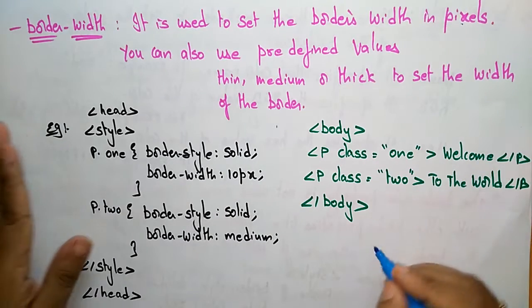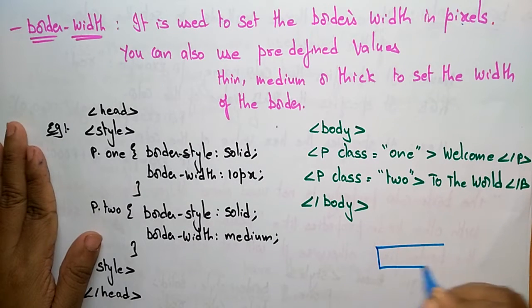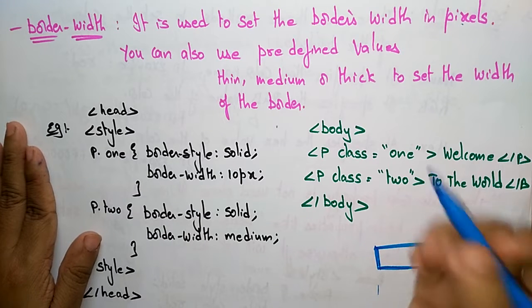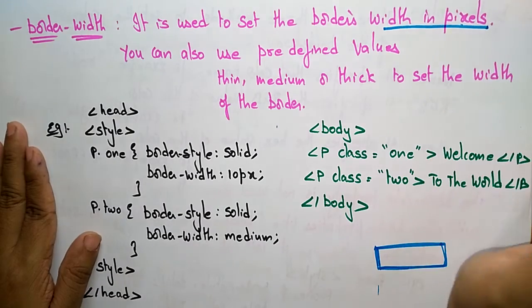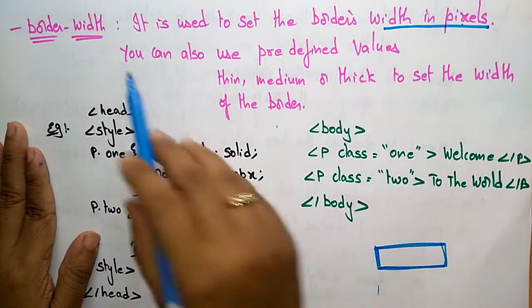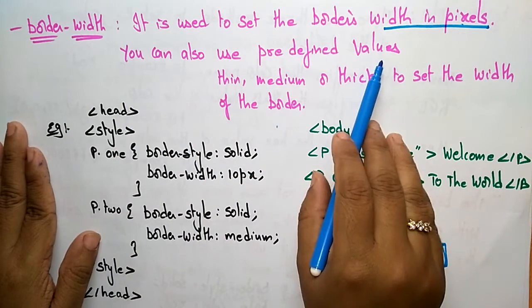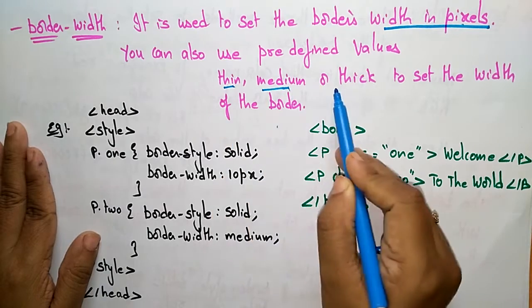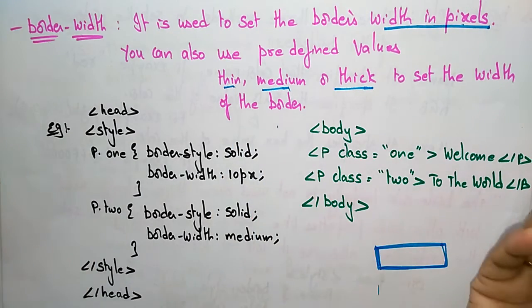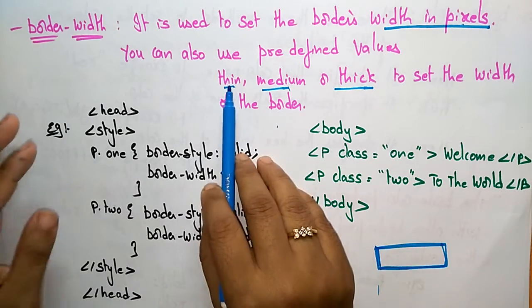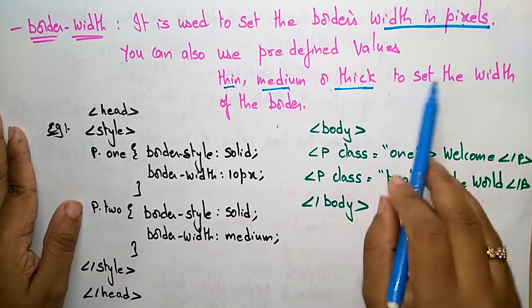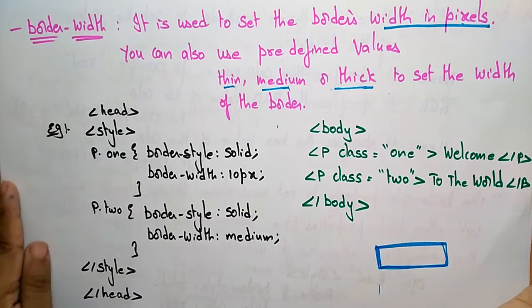So the border width can be arranged in the form of pixels, whether it is a broad border or light border or thin border, like that. You can also use predefined values like thin, medium or thick. So instead of giving the pixel size, you can directly use values like thin, medium or thick to set the width of the border.